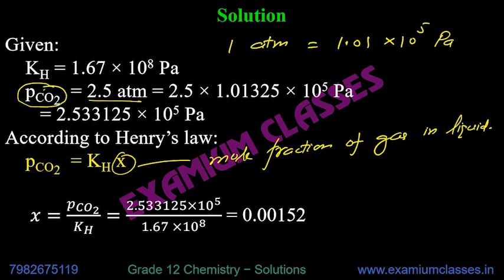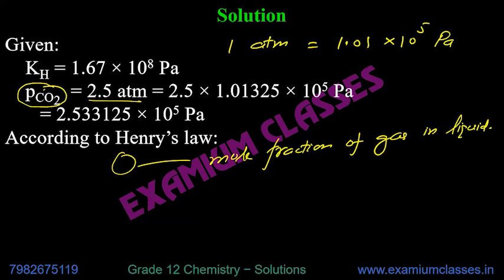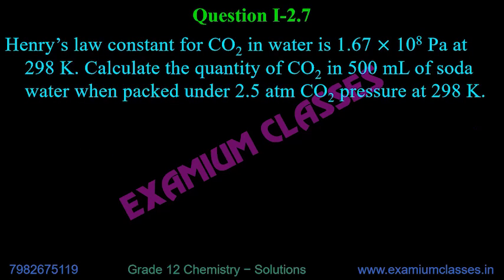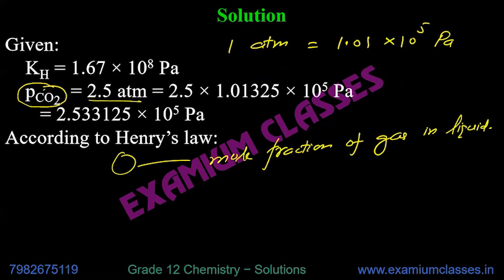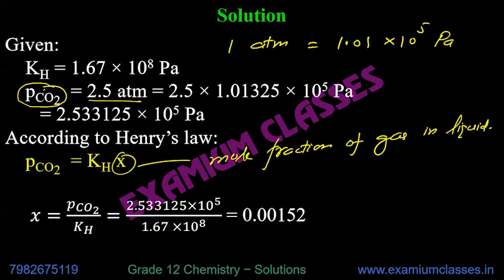Mole fraction of gas in the liquid. Okay. So I'm going back just to show you what is asked. The question asks about the quantity of CO2 in 500 milliliter. You got the mole fraction.